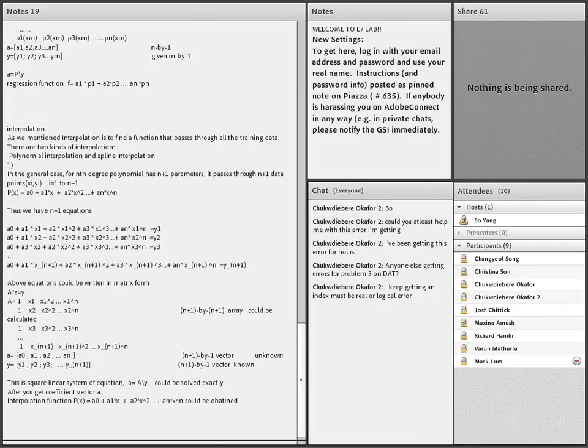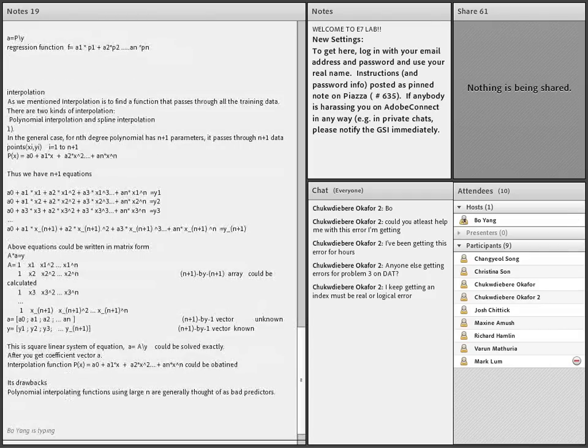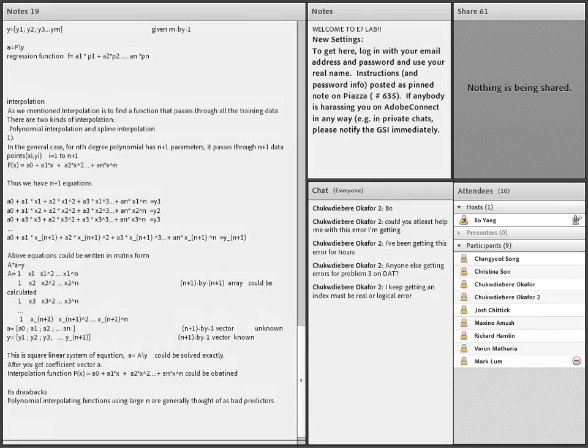It has a very serious problem. Polynomial interpolation functions using large n are generally thought of as bad predictors. So we could not let this n be a very big integer.